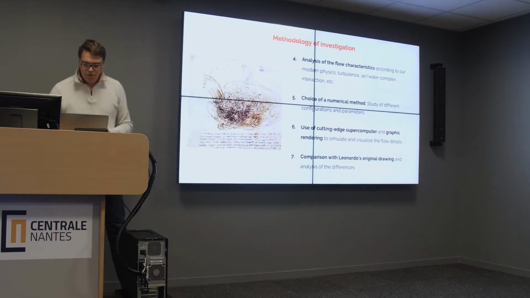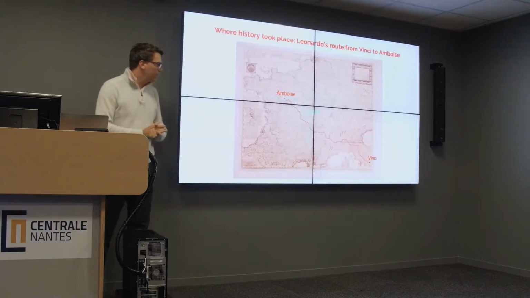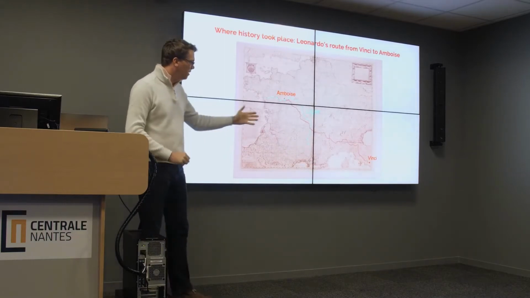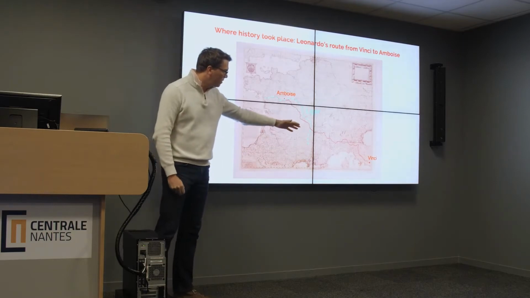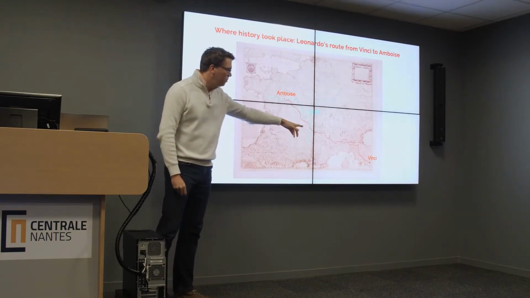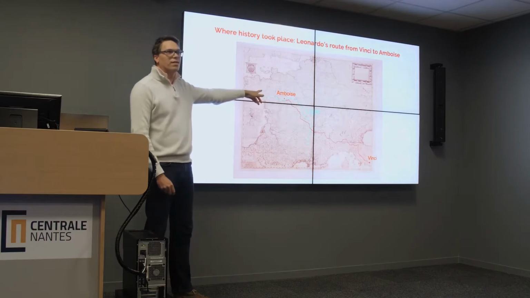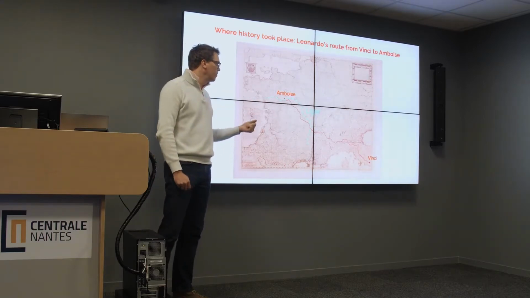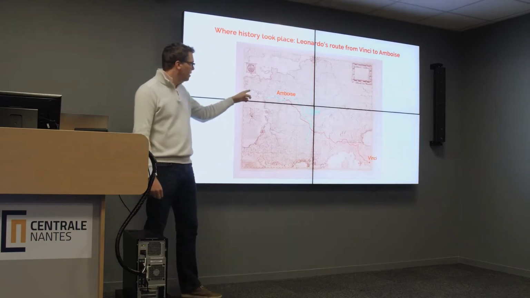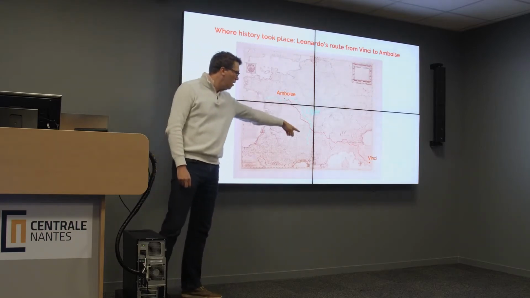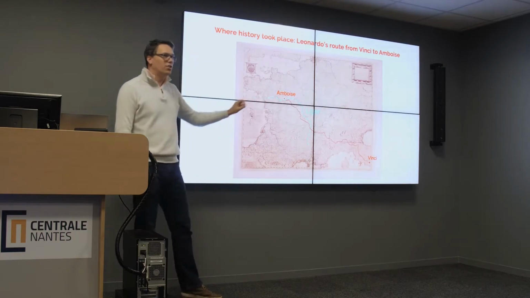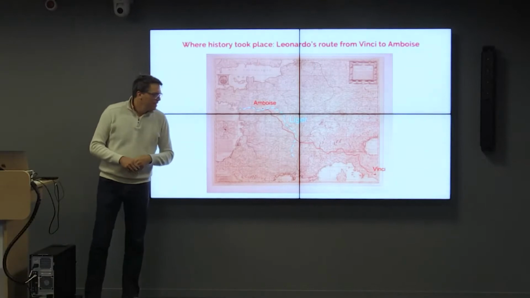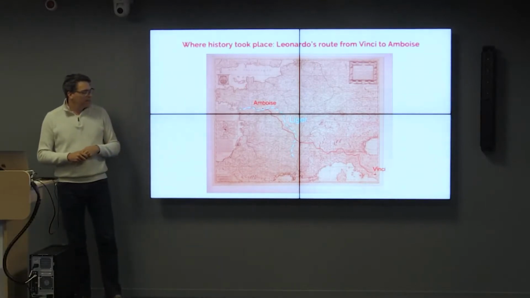So the story is also a spatial story. You see here the path Leonardo took between Vinci and Amboise when he came to France 3 years before his death. You see also here the Loire river, which is Liger in Latin, because there is a funny link with Liger. I will explain later on.